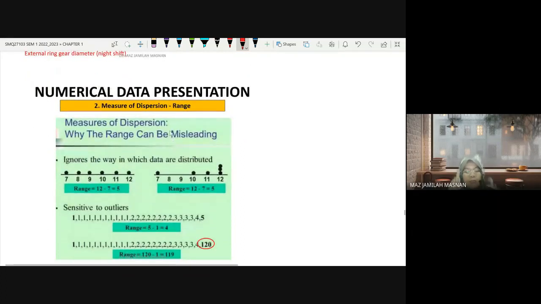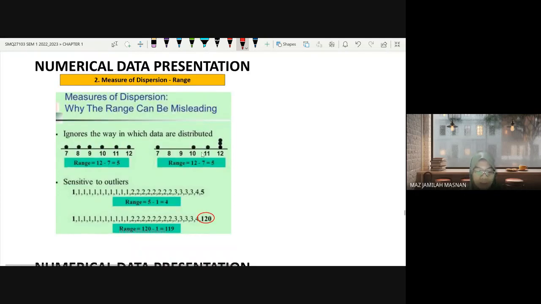The next one is how range can be misleading. Range sometimes may not be suitable to describe the spread of our data. Let us look at these two examples.